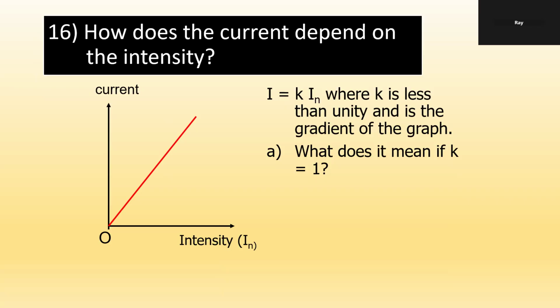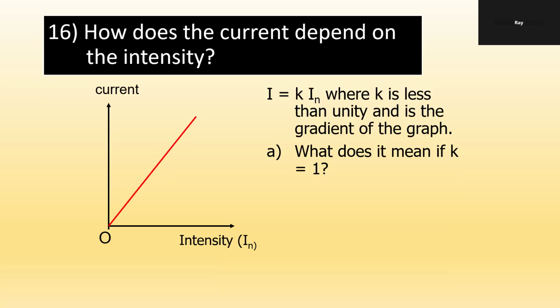Any idea? Remember, it is a constant. Physically, what does it mean? You have photons being sent into the metal surface, electrons emitted.